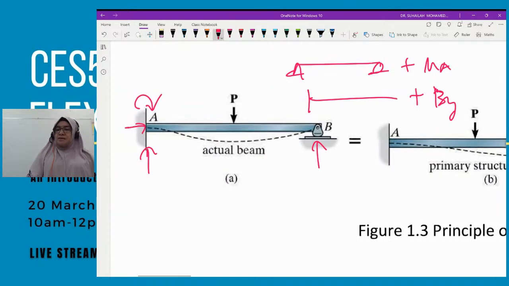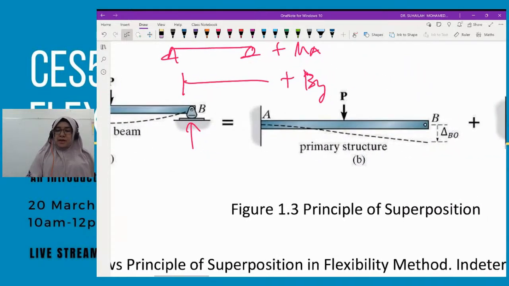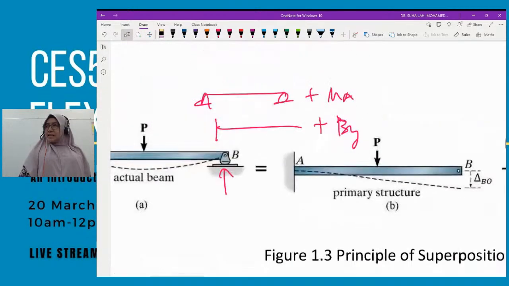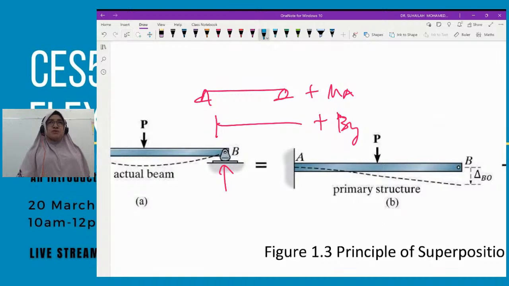For the derivation, I will choose cantilever beam as the primary beam. Okay, primary beam. Okay, yang ni primary beam. Kita dah remove BY. Okay, we have removed BY. Dia jadi cantilever beam. So, dia ada dua option kat atas ni kan. Nampak tak ada dua option tu?